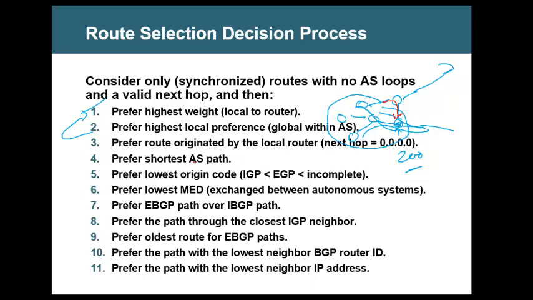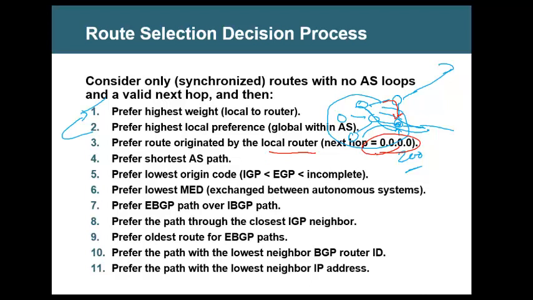Then it prefers the route originated by the local router. If the same destination is locally originated, directly connected, it will have next hop as 0. That will be preferred. See, these things will be clearer when I do and show.